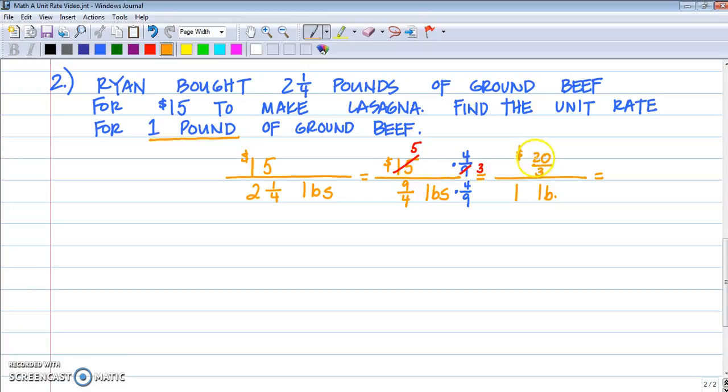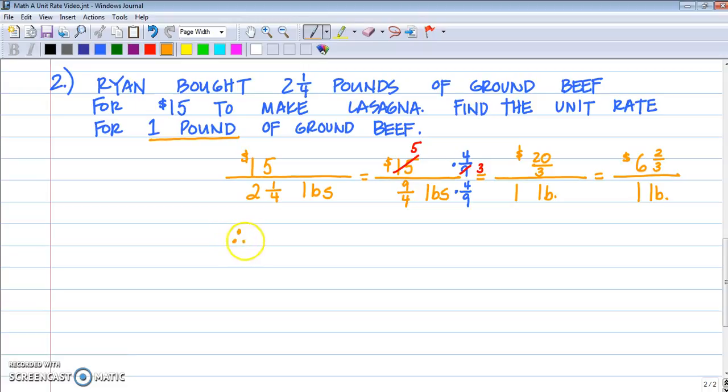So 3 goes into 20 6 times, which is 18, so I have 2 left over. And this still looks a little bit weird for money. So when I write my complete sentence, I'm going to change this into dollars and cents.